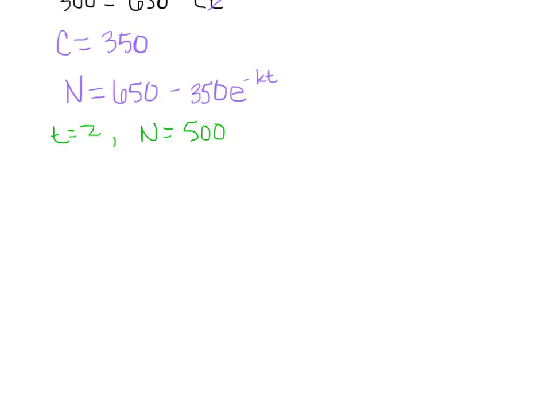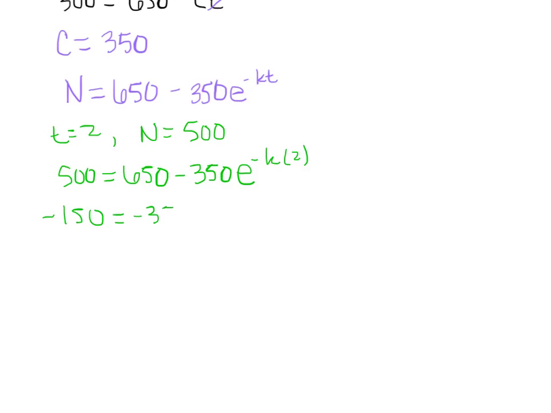So using those numbers, I end up with 500 equals 650 minus 350 e to the negative k times t, which is 2. I'm going to subtract my 650, which is going to give me a negative 150, equals a negative 350 e to the negative 2k. I'm going to divide by a negative 350.